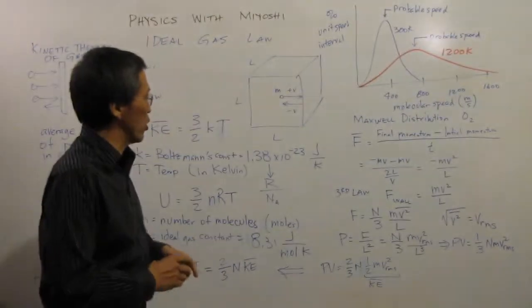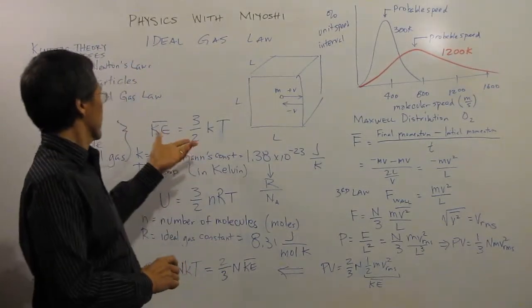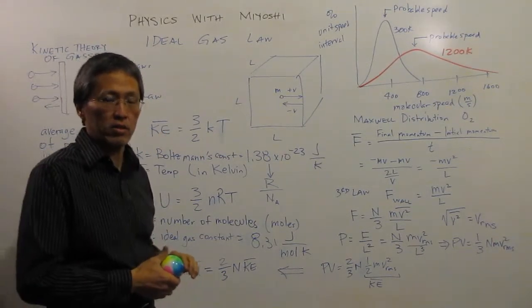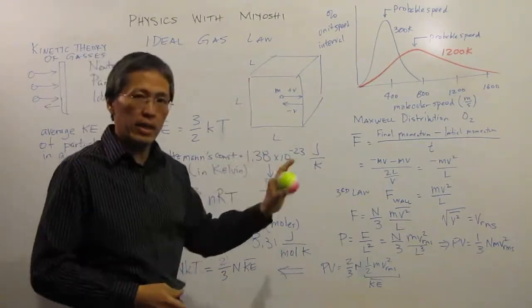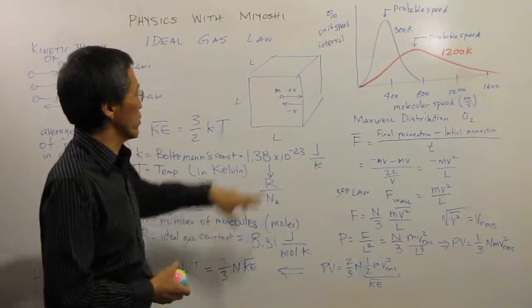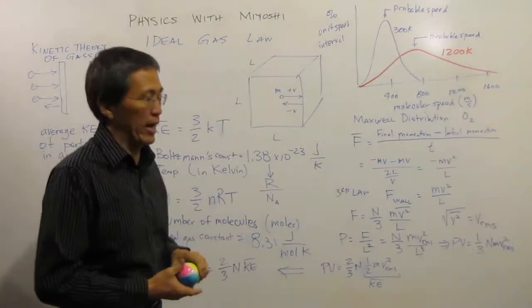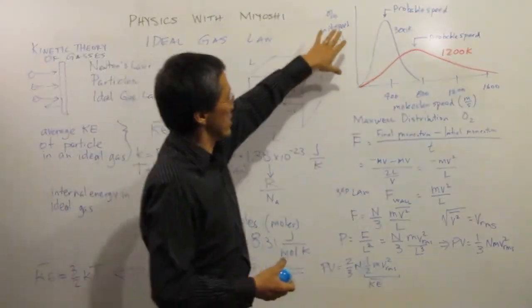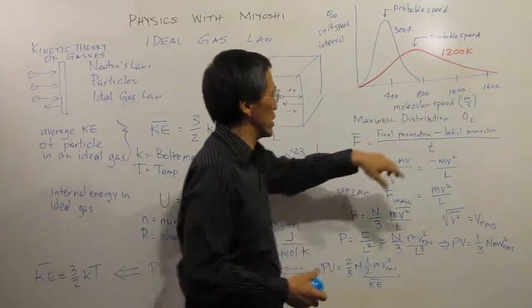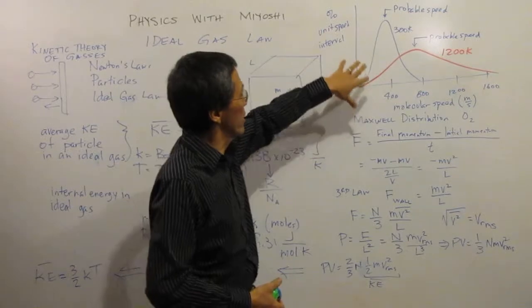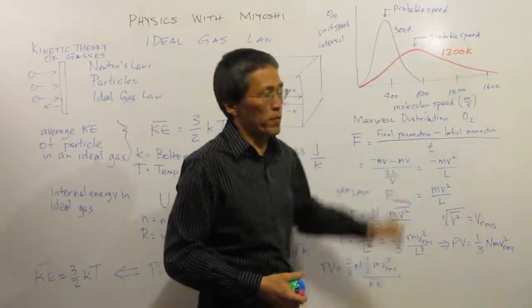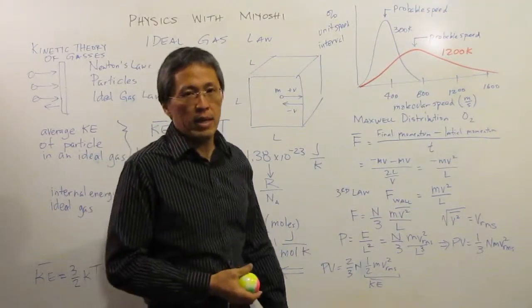finding the average kinetic energy of a single particle as it moves around in our ideal gas, we can look at this little graph over here. A guy named Maxwell came up with this distribution, and you can see this distribution all over in nature.